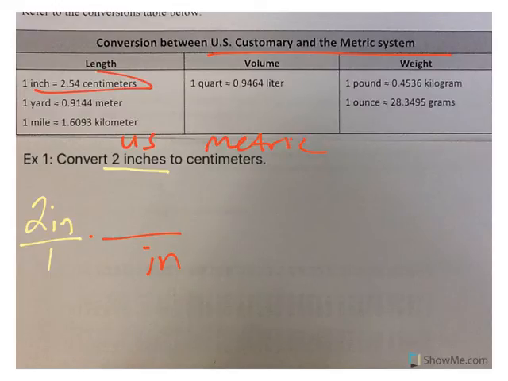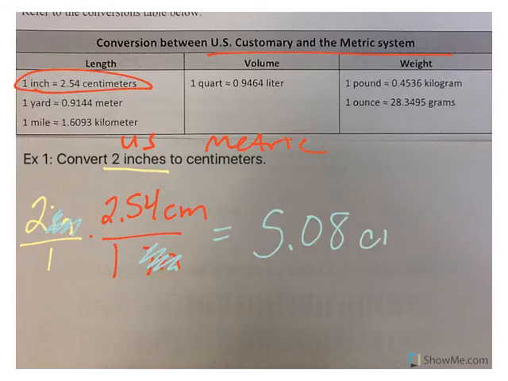We know that 1 inch is 2.54 centimeters, so my inches cancel out and I'm left with centimeters. I multiply across the top and I'm left with 5.08 centimeters. Again, don't forget to label so you know what units you're in.